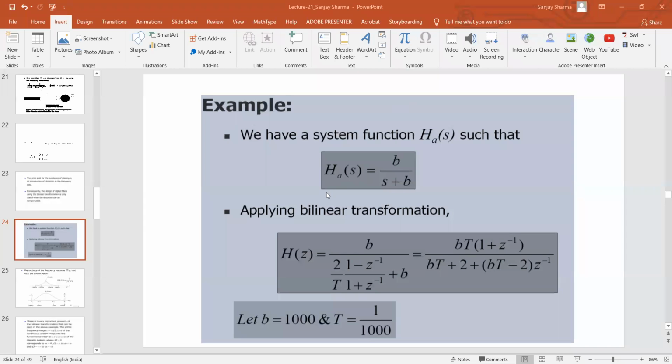I will also briefly discuss the impulse invariant method again, so that the correlation can be established with the bilinear transformation, how aliasing is avoided, and how the two techniques are related to each other. So I finish my lecture here. Tomorrow I will complete the bilinear transformation, and we will take more examples.